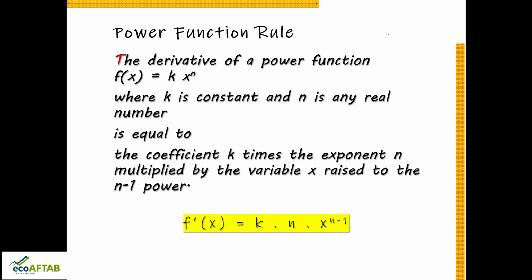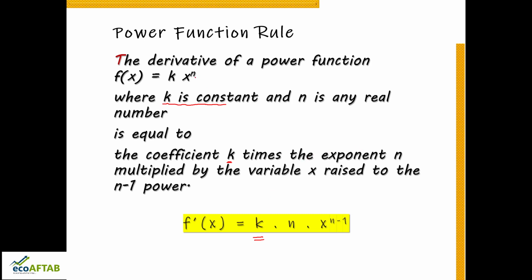So the formula for power function rule is f prime of x is equal to k into n into x raised to n minus 1. Here k is a constant and n is any real number, which is equal to coefficient k times the exponent n.